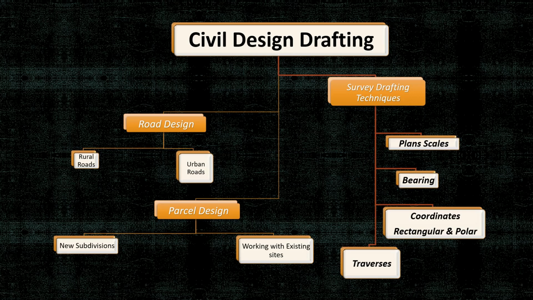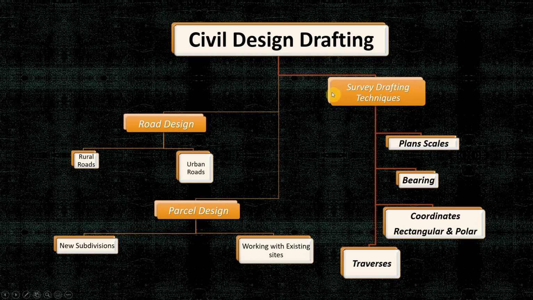So when I say horizontal alignment, or vertical profile, or a road profile, or a road tangent, we have to understand those components. We have to understand this terminology in order to be able to use it in the road design. As well as for the parcel design, when we talk about the bearing, the northing and easting for coordinates, we have to understand all of those before we'll be able to complete a parcel design.